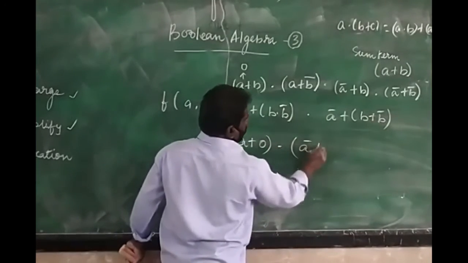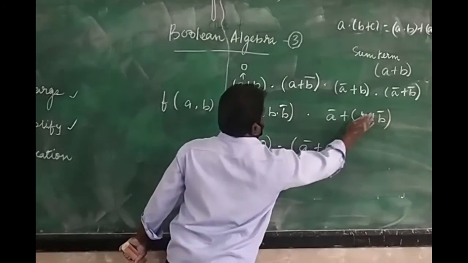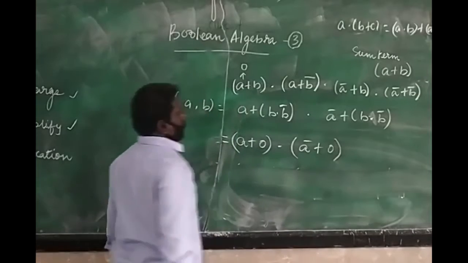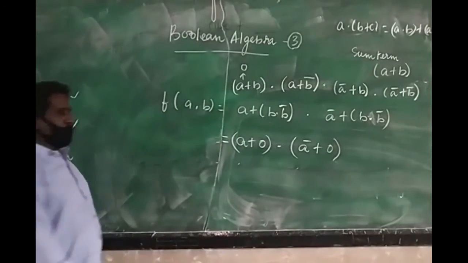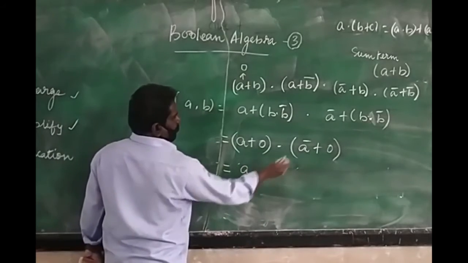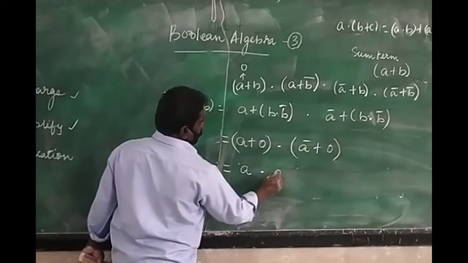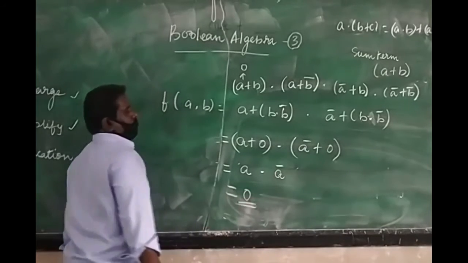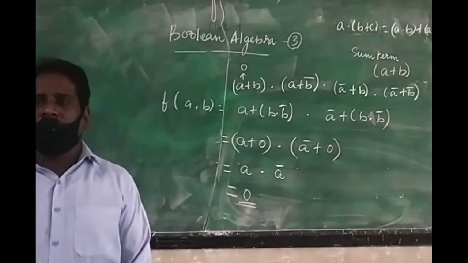B dot B bar is 0. So A plus 0, dot A bar plus 0. A plus 0 is A by identity element, and A bar plus 0 is A bar. So A dot A bar is 0.